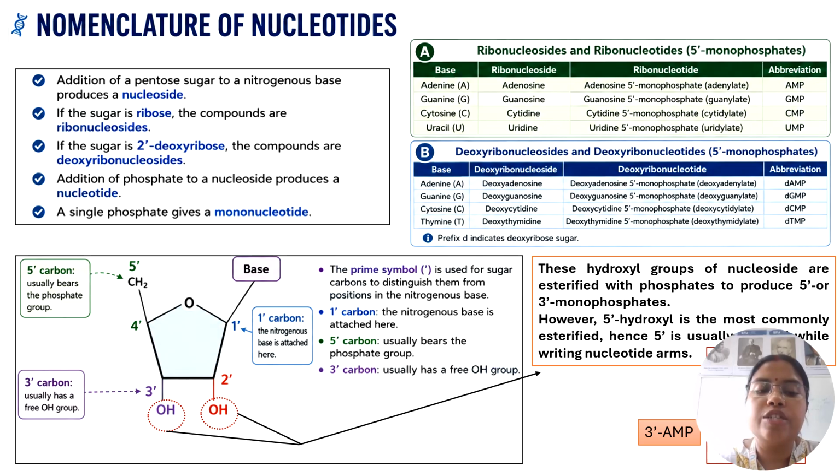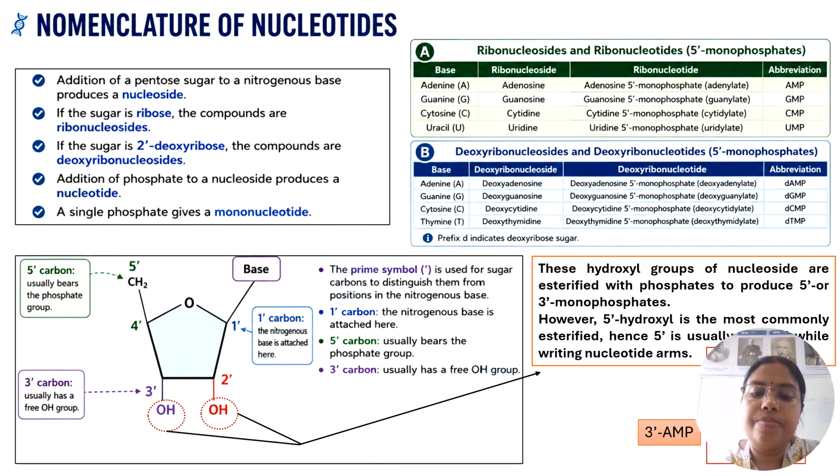A single phosphate gives a mononucleotide, two is a dinucleotide, that is diphosphate, and if it is three, then the triphosphate. So we can say that if adenine is the base, the ribonucleotide is adenosine, and for the deoxyribonucleoside, if deoxyribose acts as the sugar, then we can say it is deoxyadenosine monophosphate, deoxyguanosine monophosphate, like that.